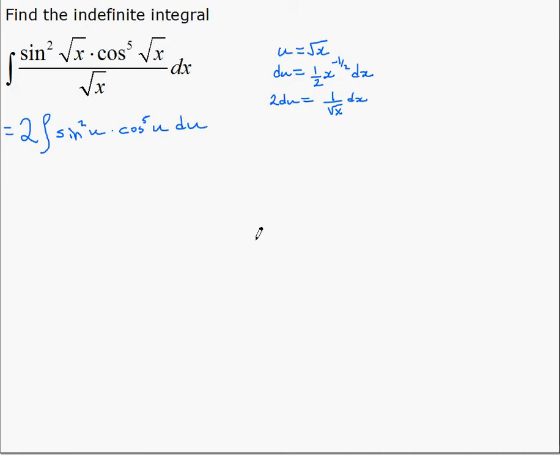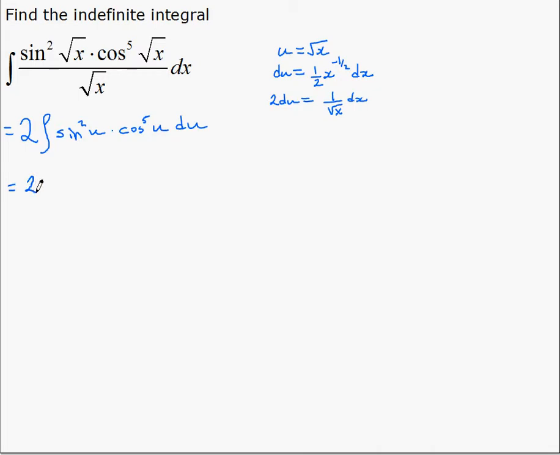Now we have sine squared cosine to the 5, so we have to remember our rule that if we have an odd power of cosine, we factor out one of the cosines and change the rest to sine. Whichever is the odd power, that's what we're factoring out, and that's going to be the du for our later substitution.